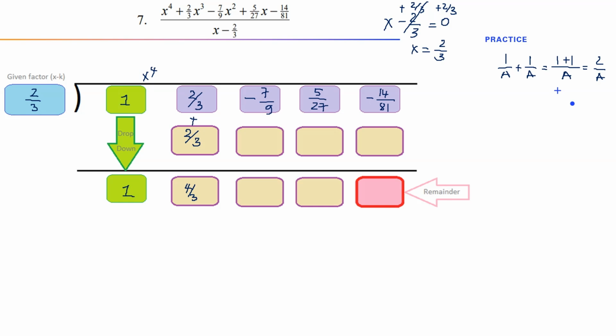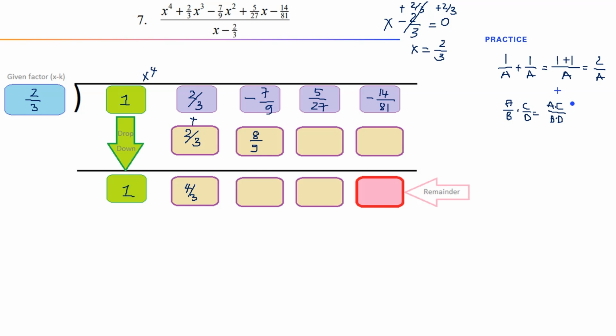So 4 over 3 times 2 over 3. Multiplication of fractions: a over b times c over d, top to top ac, bottom to bottom bd. Alright, so we have 4 times 2 is 8, 3 times 3 is 9, minus 7 over 9.